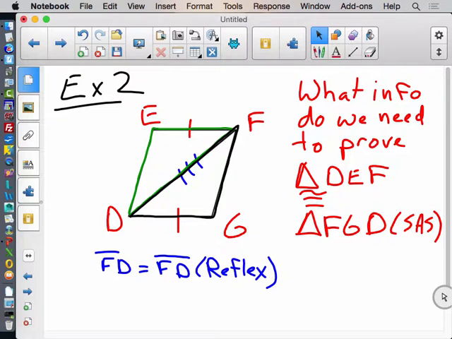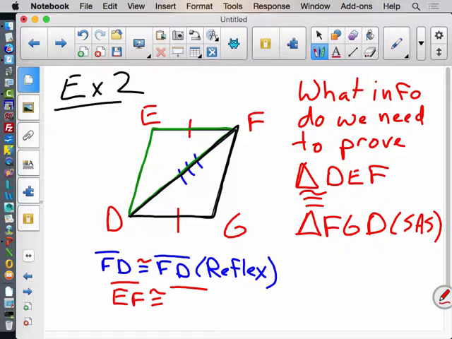So we know that EF is corresponding, now how do I write the corresponding, is it DG or GD? GD. So now I have two sides that are congruent, okay?